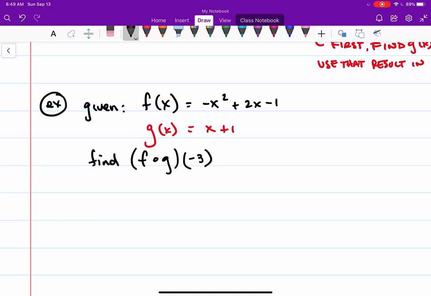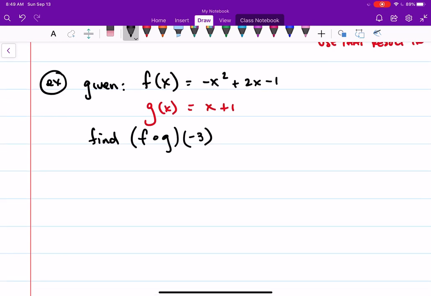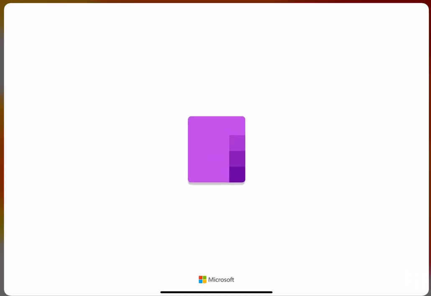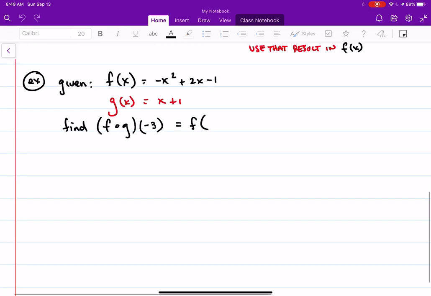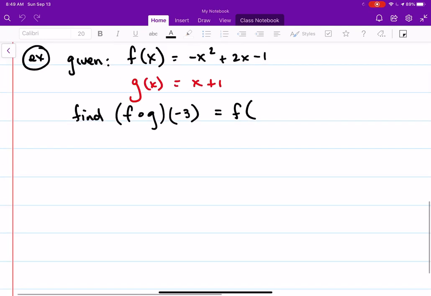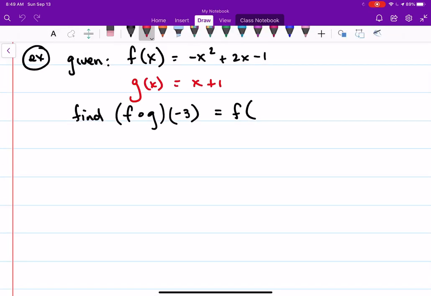So if that's the case, what this is telling me is that this is equal to f of g of negative 3. In other words, I'm looking for g of negative 3 first. Then I'm going to plug that into f of x.